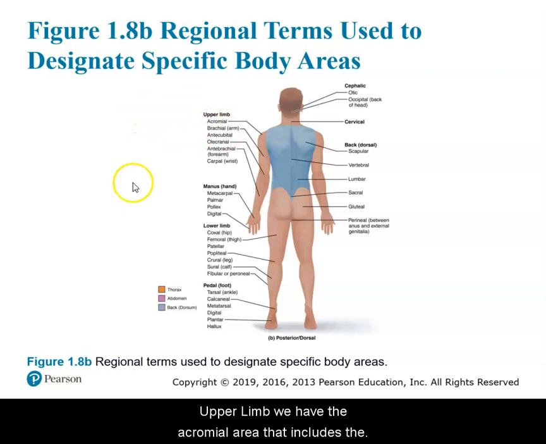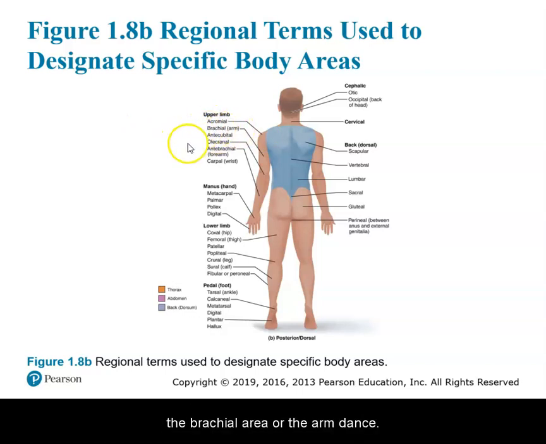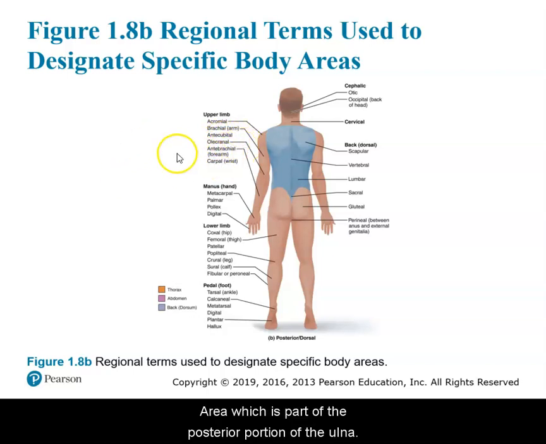So for example, in the upper limb, we have the acromial area that includes the acromion of the scapula, and then we have the posterior portion of the brachial area, or the arm, the antecubital, which is the elbow, the olecranon area, which is part of the posterior portion of the ulna, which we'll learn about when we talk about bones, and of course the posterior portion of the antebrachial area, which is the forearm, and then we have our carpal area within the upper limb, making up the wrist.